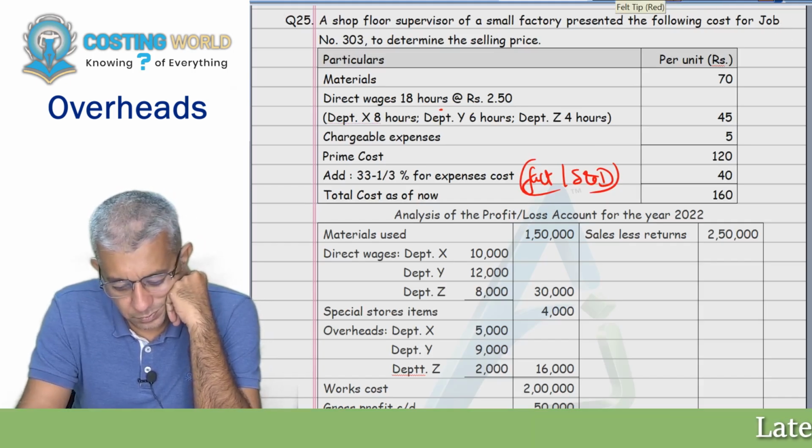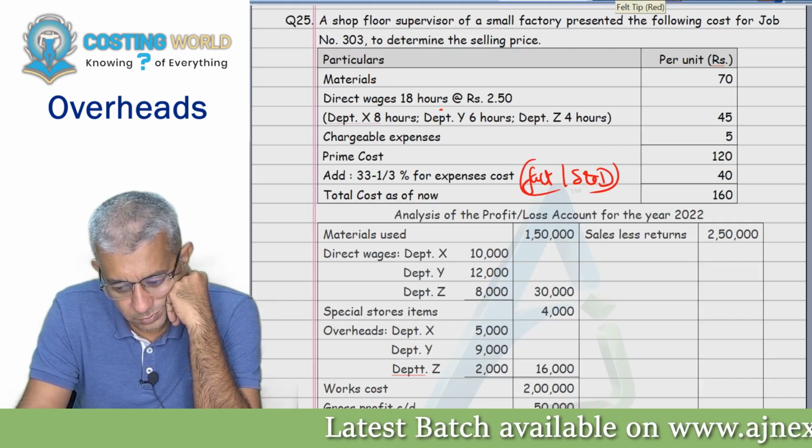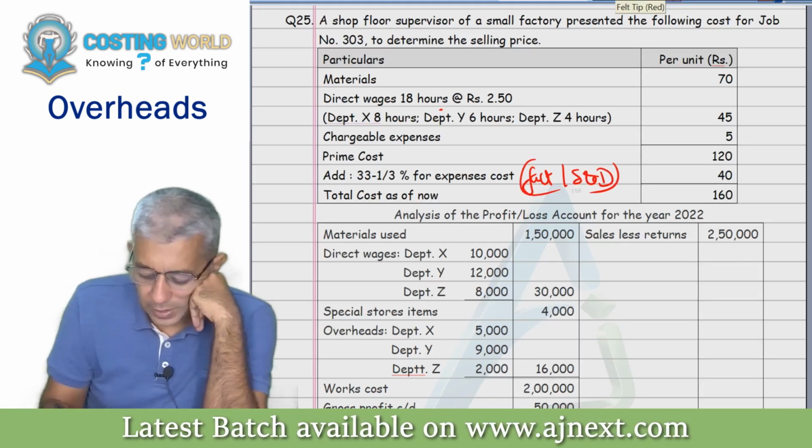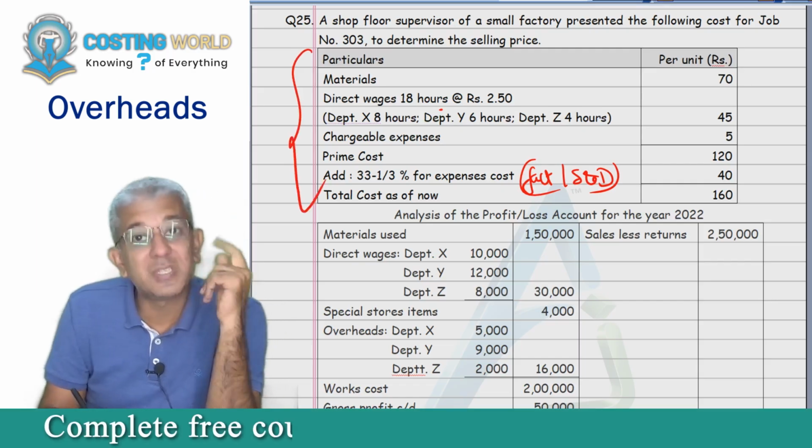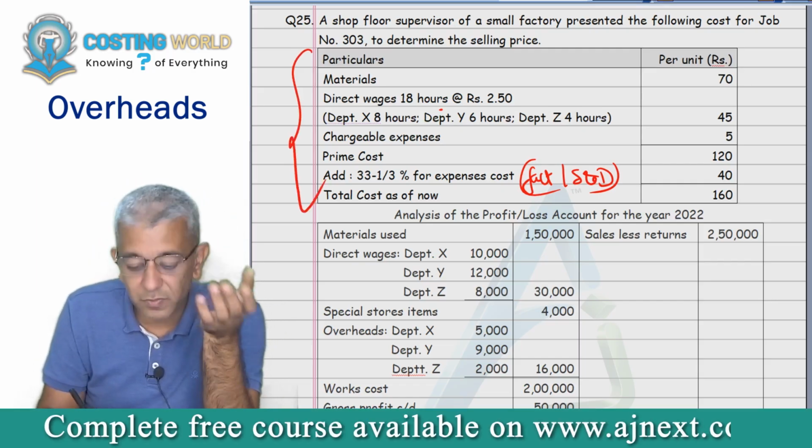Now, let's start. This is the cost sheet of job number 303, but this is the original one. If they have asked us, we like to remake it.